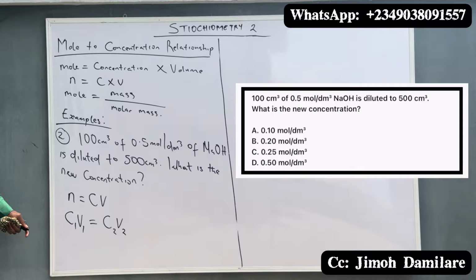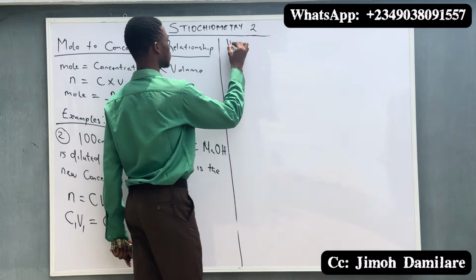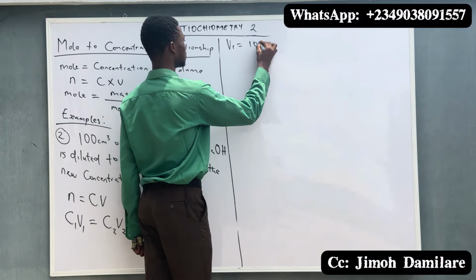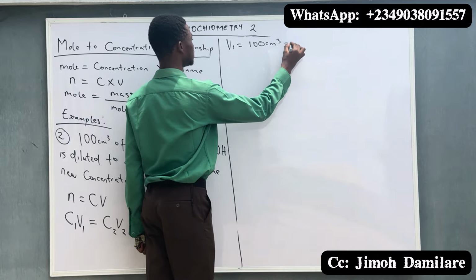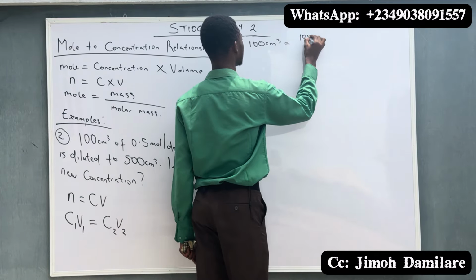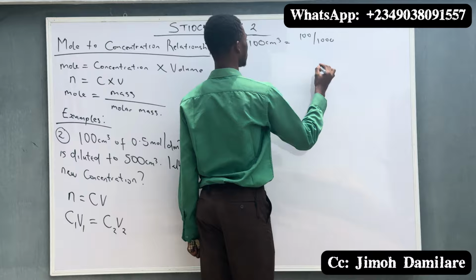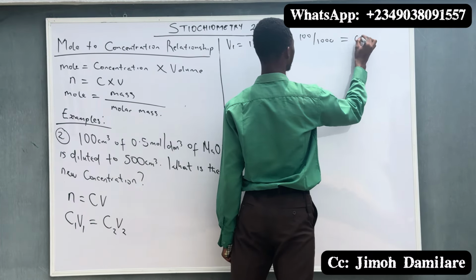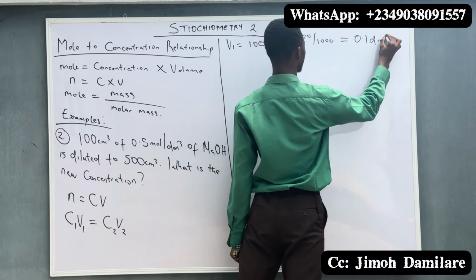So let's write our given parameters. Our V1 is equal to 100 centimeter cube, which is equal to 100 over 1000, because we have to convert to dm cube. So this will give us 0.1 dm cube.